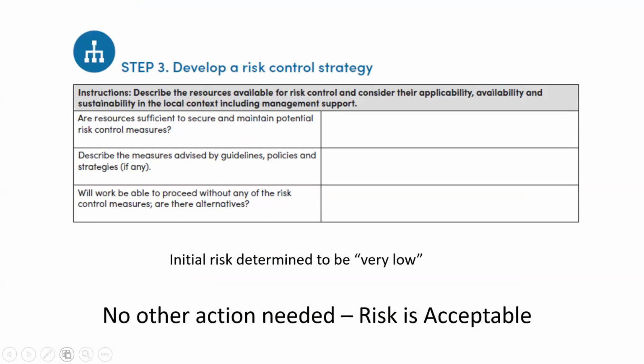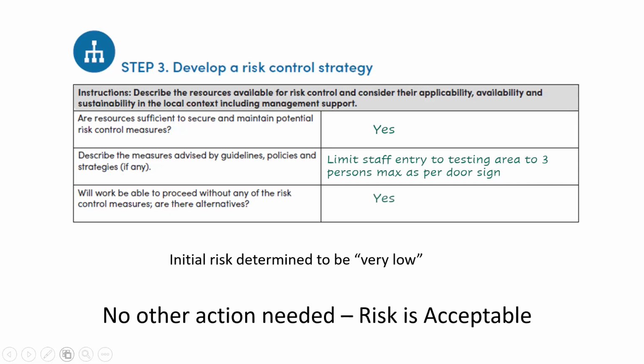But they do still develop a risk control strategy. They did have the issue of the lab being crowded. Are resources sufficient? They haven't said that they have problems with that. Yes, they're maintaining their risk control measures. They are going to limit staff entry. They did have a sign on the door, and so they're not going to allow more than three people in the lab, which was something they had been lax about.